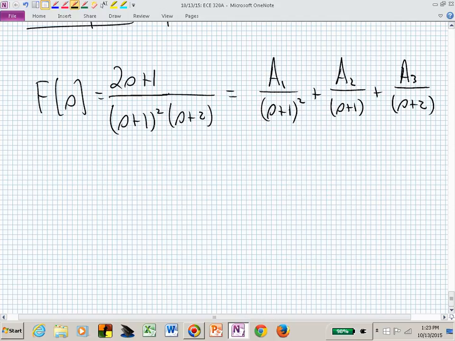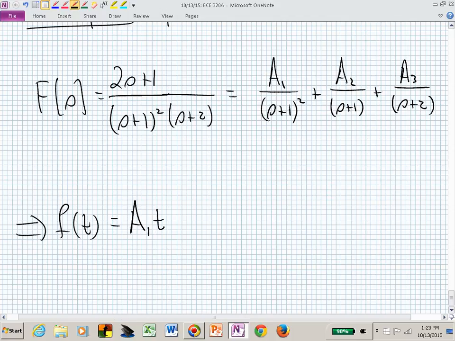If that's the case, what's the structure for f of t? Now, what happens when we have this factor squared or cubed? Now that introduces a new term into our inverse Laplace transform, and in fact, it's time.